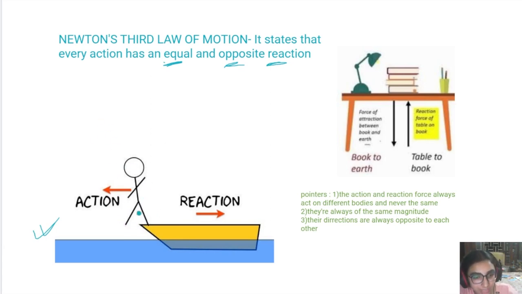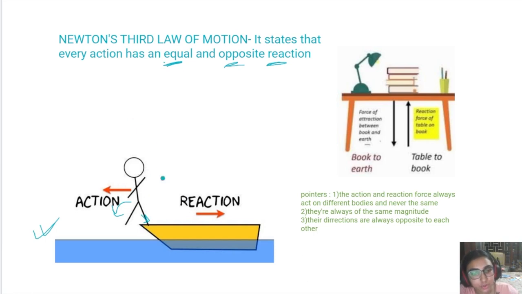As soon as he's jumping, he is going forward, but he is also pushing the boat. Now, how is it possible that you're falling and at the same time you're pushing the boat forward? It doesn't happen, right? So what is happening exactly is that it is not exactly pushing it.